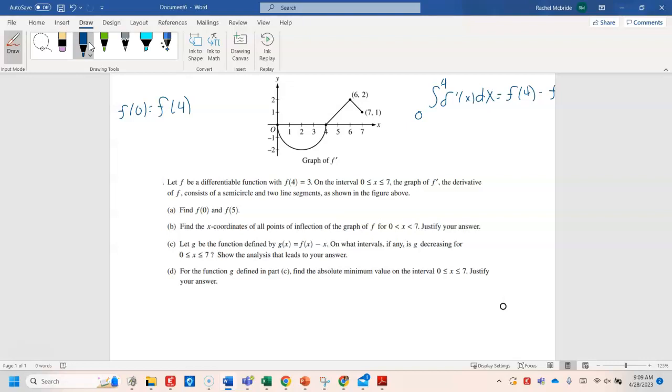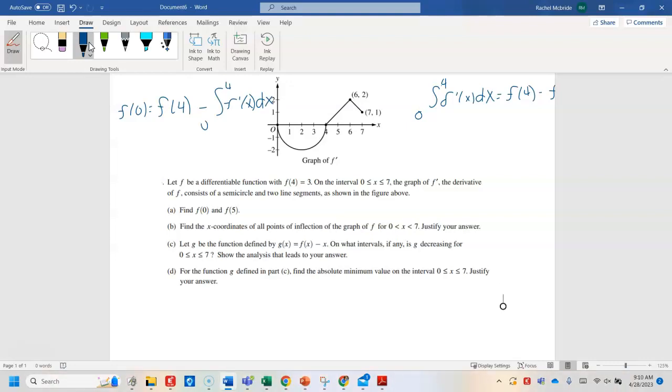So now, if I want to know f of 0, then I need to flip f of 0 and my integral, so that f of 4 minus the integral from 0 to 4 of f prime of x dx.